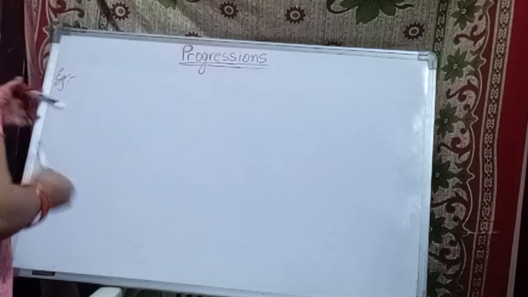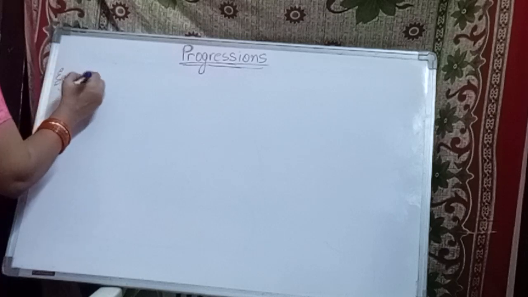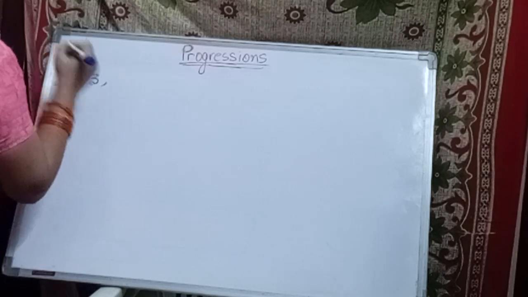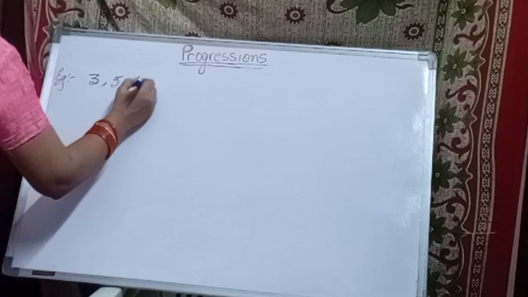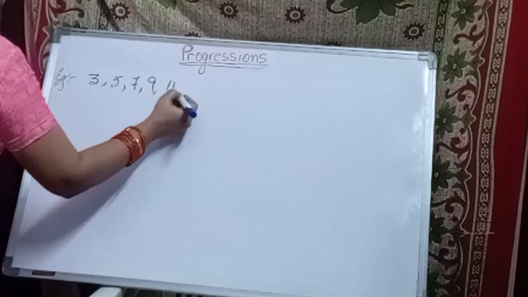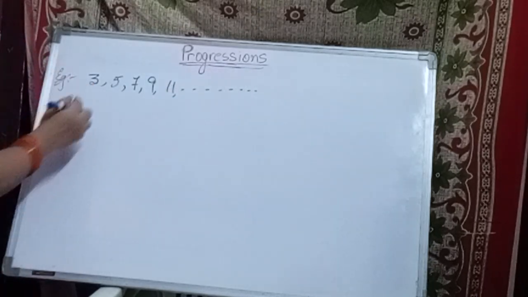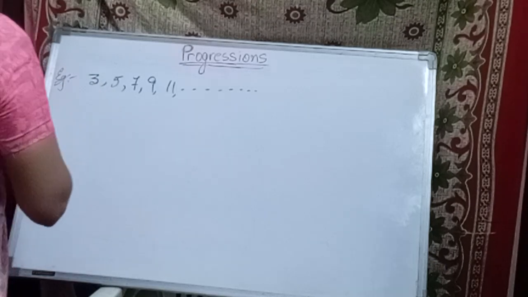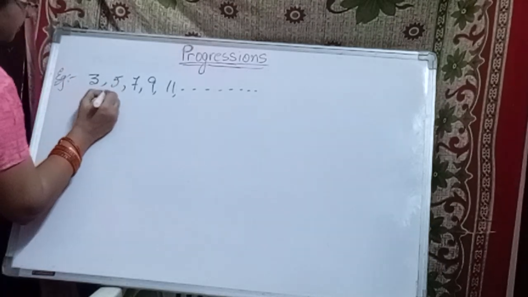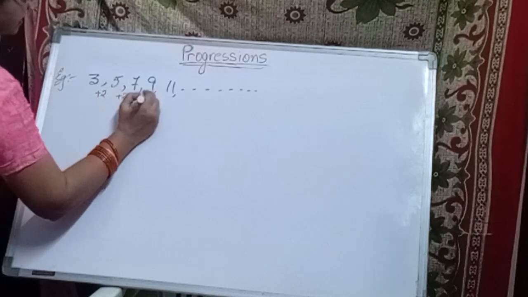Okay. So take an example. Start with 3, 5, 7, 9, 11, and so on. Okay. Here, if you add plus 2, you are getting the next term.